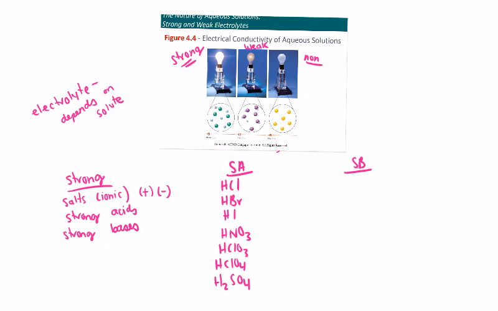Okay, so these acids are always going to completely dissociate. They are going to completely break apart. Okay, so I have a positive ion and a negative ion.